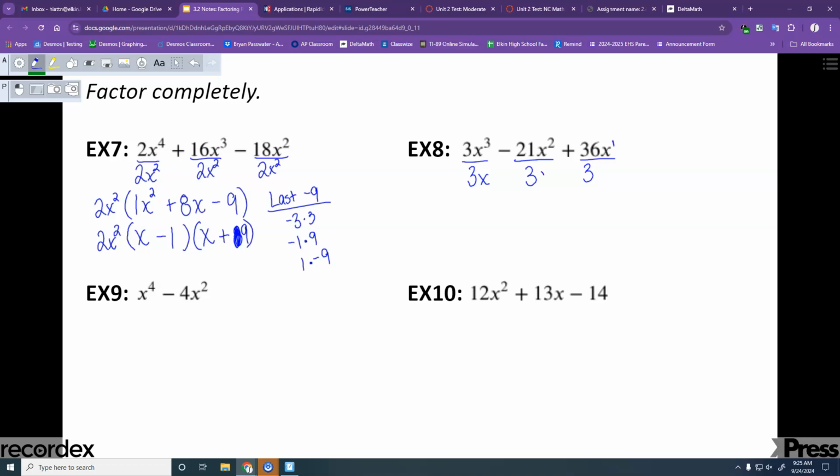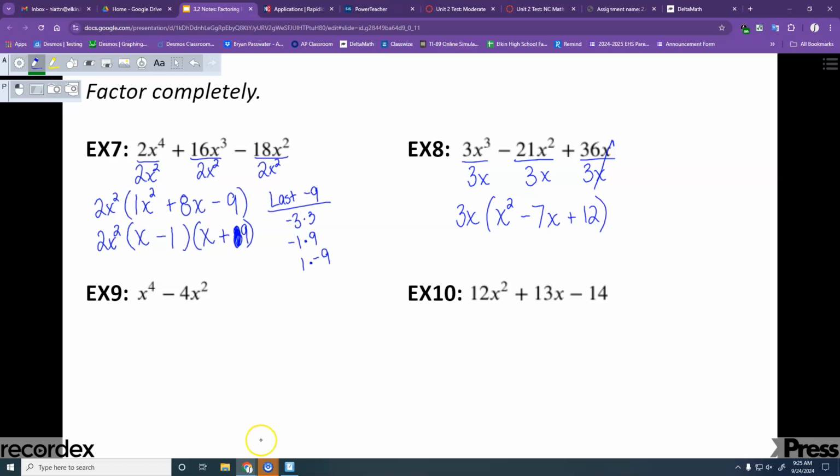So x can be taken out of all of them. So I have 3x. And then 3 divided by 3 is 1. I had 3 x's. I took 1 away. I just have x squared left there. 21 divided by 3 is 7. And then I'll have just the x right there. And 36 divided by 3 is 12. And the x's just cancel away there.